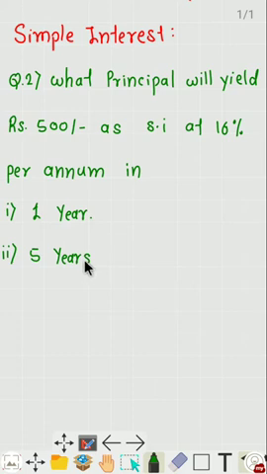Okay, so let us try to solve this example. Let us write the answer.